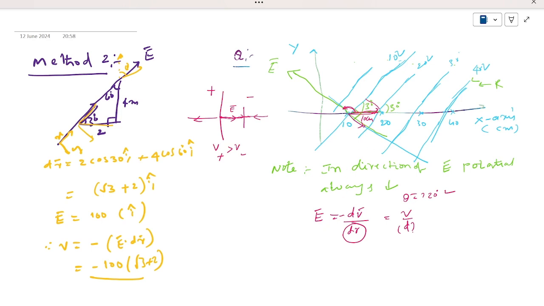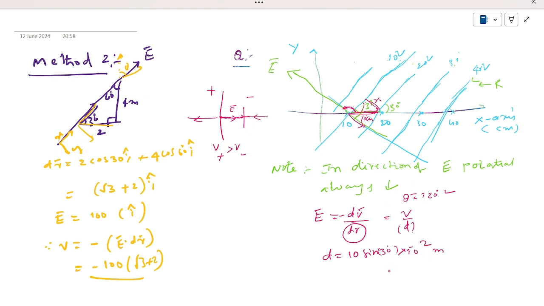Now if we see, this is 30, this is the hypotenuse, and this is opposite. Here 60, cos 60 or sin 30, both are the same. Therefore, d is equal to 10 sin 30 or cos 60, into 10 power minus 2, in meters.